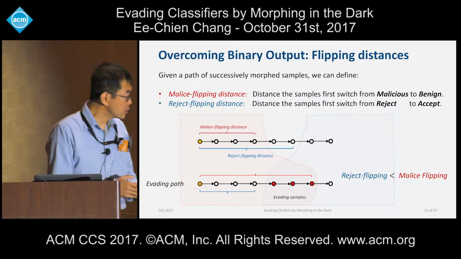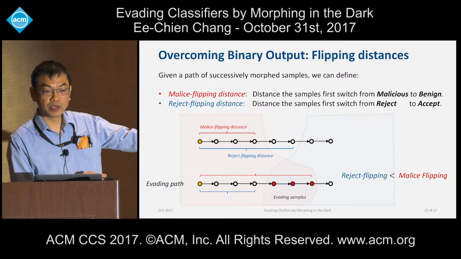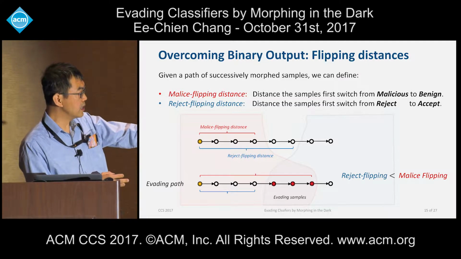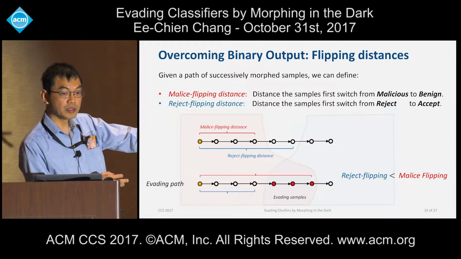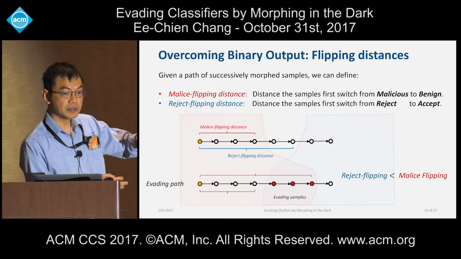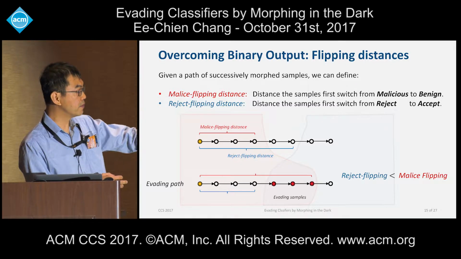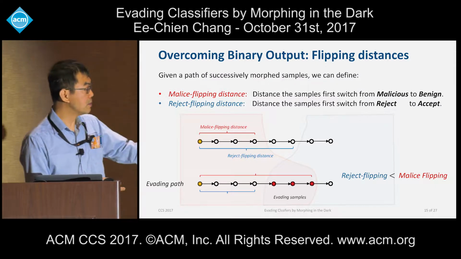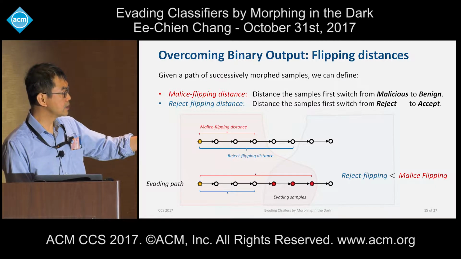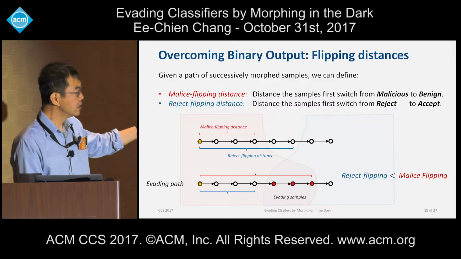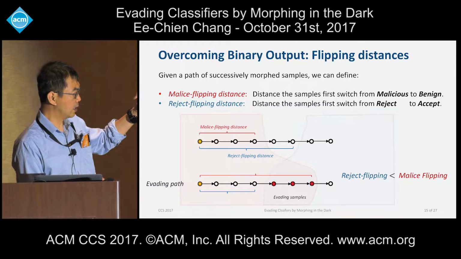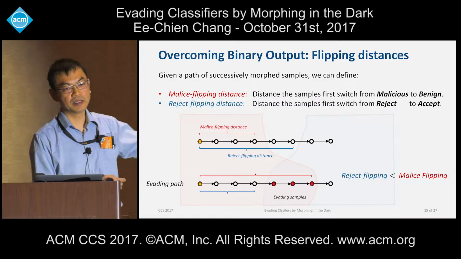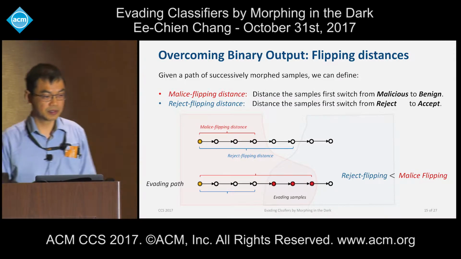Looking at the bottom path, you can notice that if the malice flipping distance is larger than the reject flipping distance, then we will have an evading sample in the path. That means that starting from the starting sample, it starts to get accepted by the detector before it turns benign.